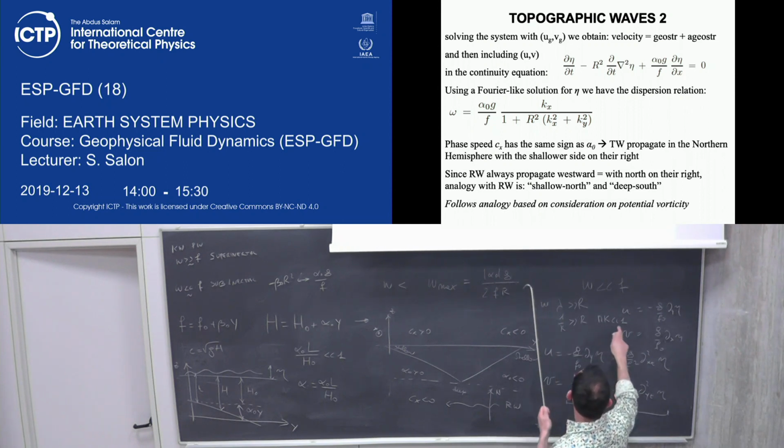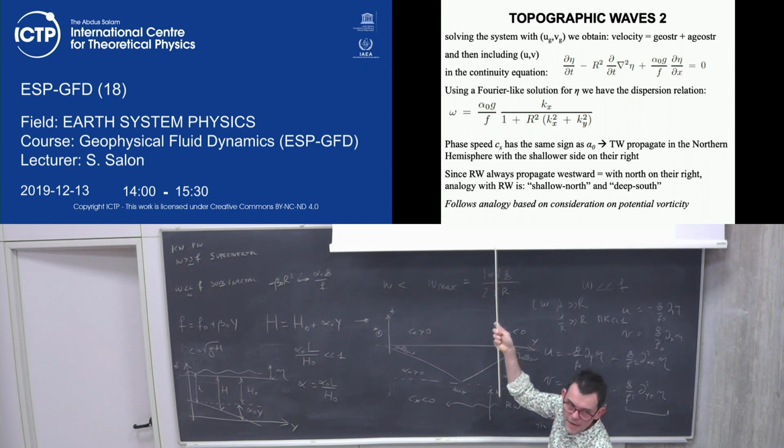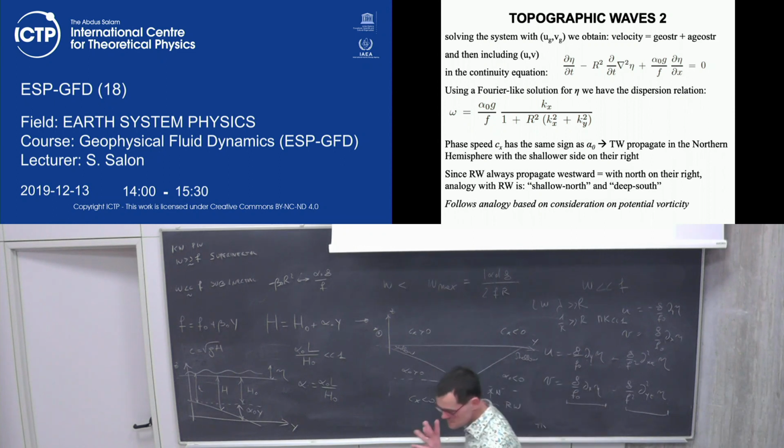If this is much smaller than 1, this can be neglected with respect to this, and what you obtain is just alpha 0 g k x. Doing the scale analysis, you will find that this is much smaller than f. With the Rossby wave it is more direct. With the topographic wave it is a little bit tricky, but you will find everything in Cushman.